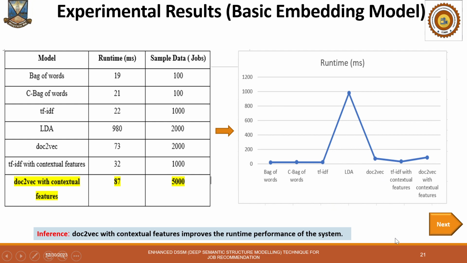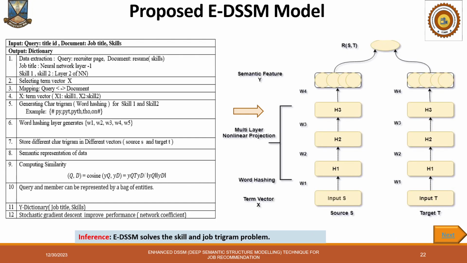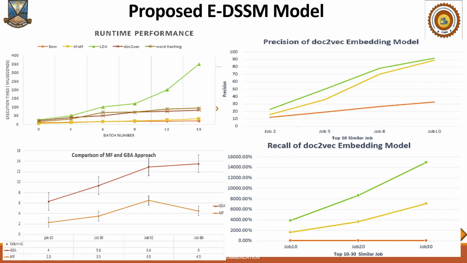But if the number of jobs increases, doc2vec is not a viable solution. That's why we proposed the EDSSM model, which handles 5 million jobs at a particular instance and provides prominent skills. The proposed EDSSM model gives better runtime performance compared to existing ones.